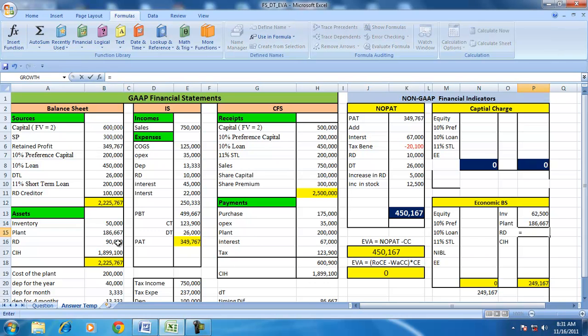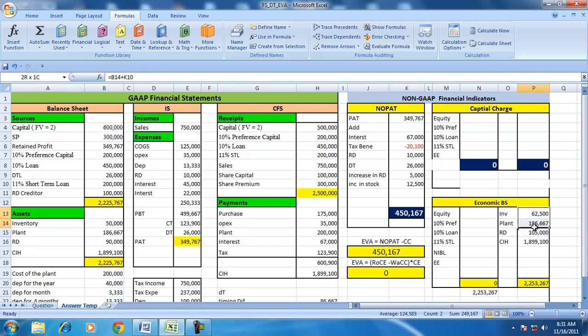The value of R&D for EVA is 10 plus 5. So it's a market value. We can see that in accounting it shows 90,000, but in the economic balance sheet it is 105,000. Cash in hand, no change, 189,000. So all the items come from the income statement, the NOPAT adjustments and the balance sheet. So this is an adjusted assets.